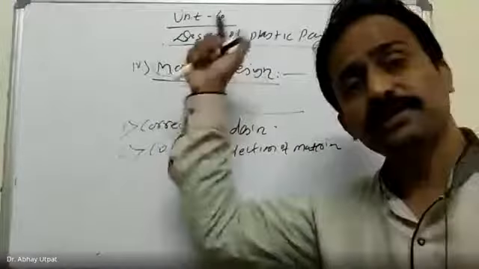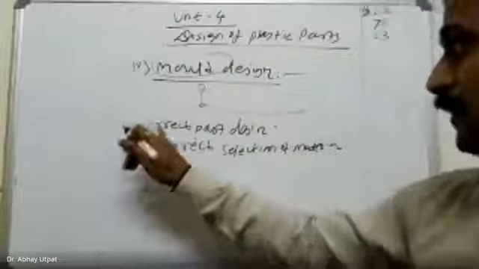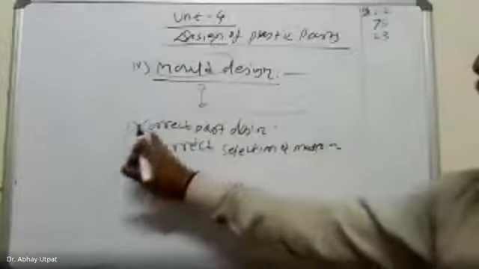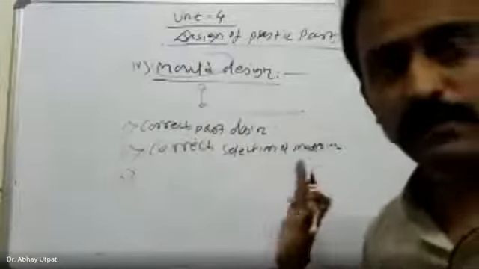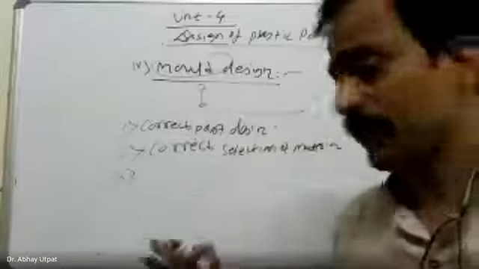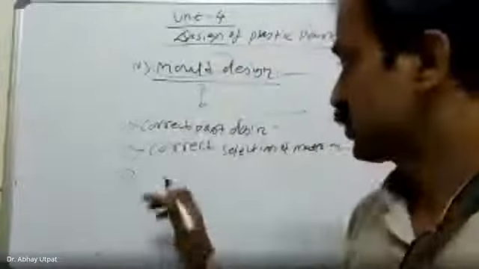And how important mold design is, that I told. After correct part design, the second thing is correct selection of material. You have ensured correct part design, I have solved case number 1, following all these 4 methods. The second insurance is correct selection of material. Now I have selected the correct material.